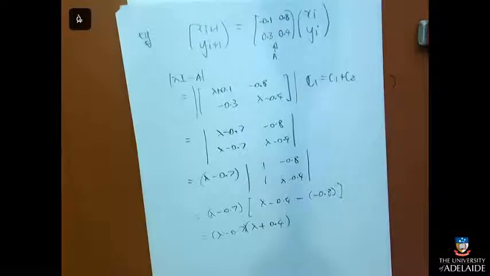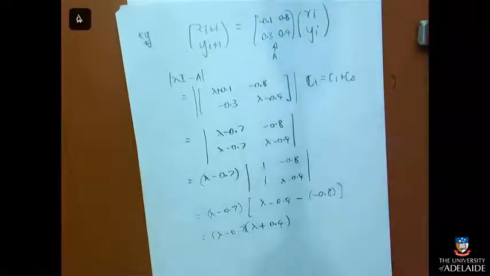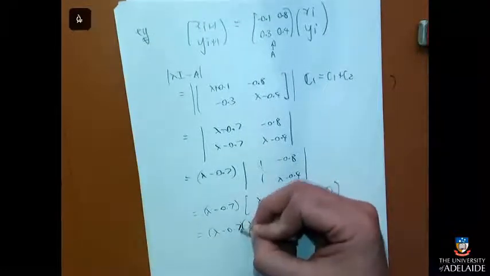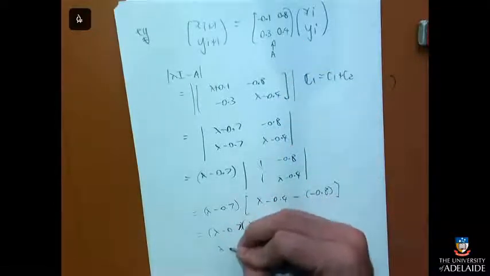Minus 0.4 plus 0.8 would be 0.4, yep. And if I add those two things together, I get 0.3, which is totally the trace. Excellent, everything works. It's not a full check, but I do know that if I add the eigenvalues together, it should add up to the same as the trace.